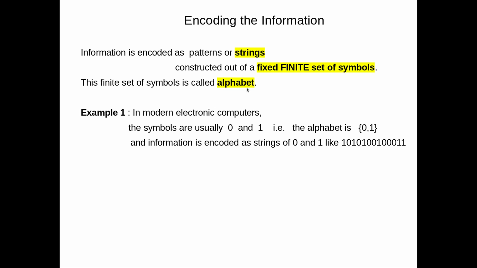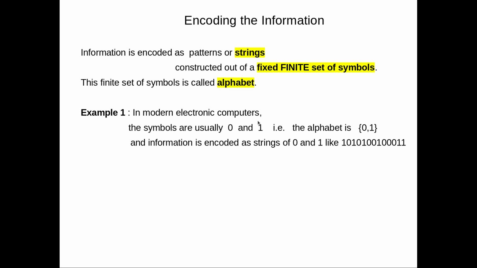It can be any non-empty finite set. For example, in modern computers, you probably know all the data are actually encoded as some patterns of zeros and ones. So from henceforth we will use the jargon string, and the strings are made out of these 2 symbols, 0 and 1.